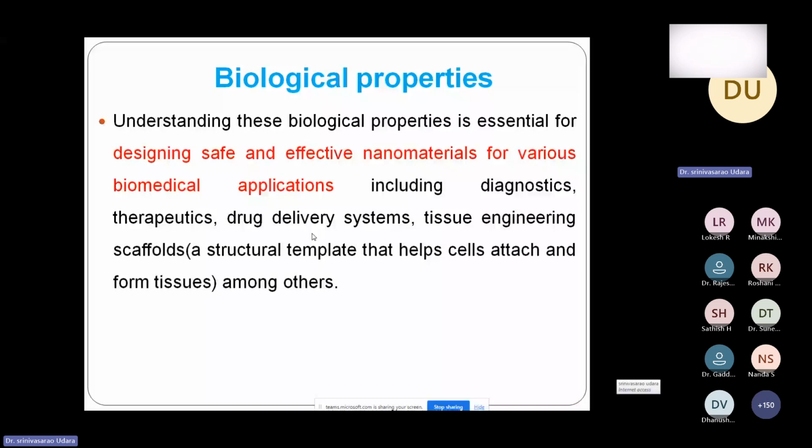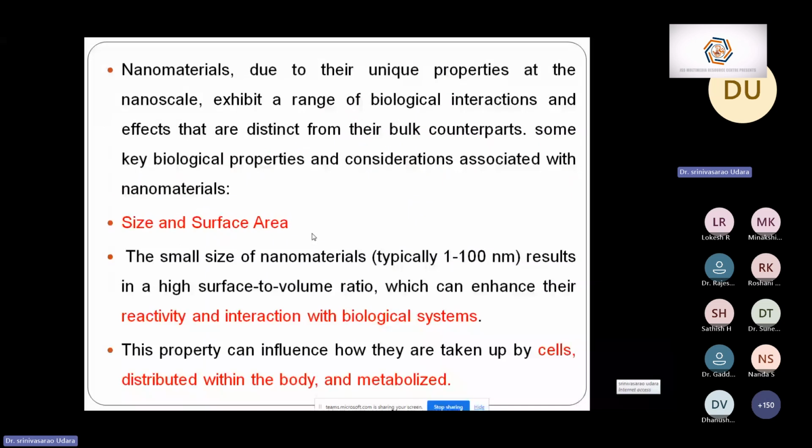We do this by developing, studying, and characterizing different types of nanomaterials. Now, coming to the nanomaterials, I am highlighting what the biological properties are, why biological properties are required in biomedical applications, and what biological properties we need to identify from the selected materials to fulfill the applications. And one more thing: as we know, for 4 days the sessions have gone very smoothly, and I attended all the sessions.